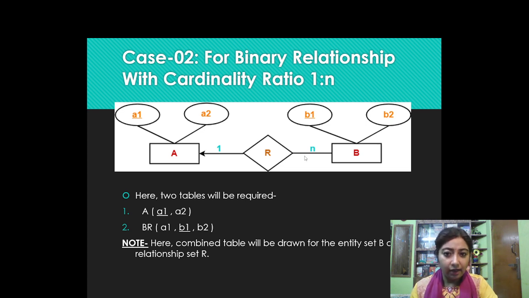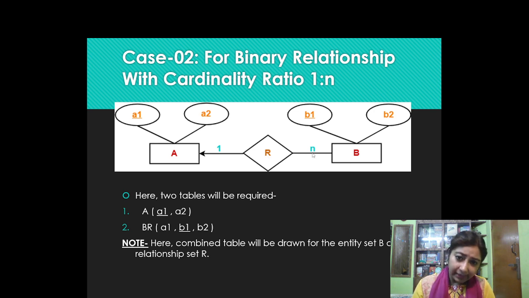In this case, we consider the n side as the stronger side than the 1 side. So here, the first table will be A, and A has its own attributes A1 and A2, where A1 is the primary key.